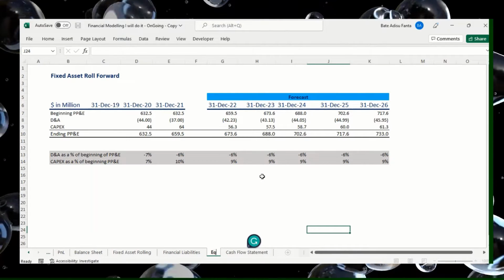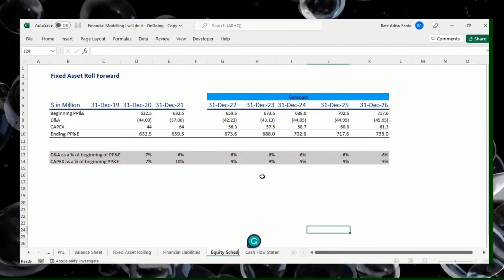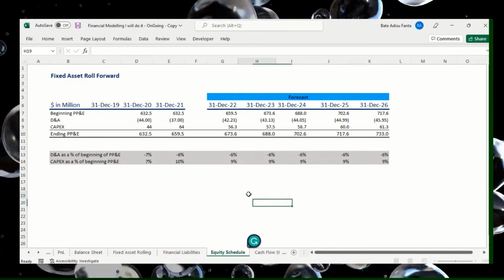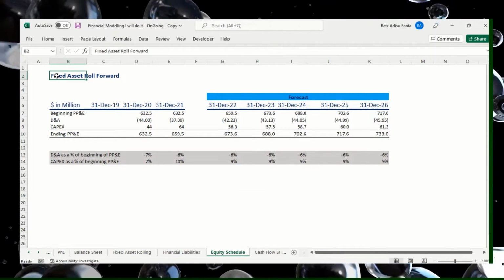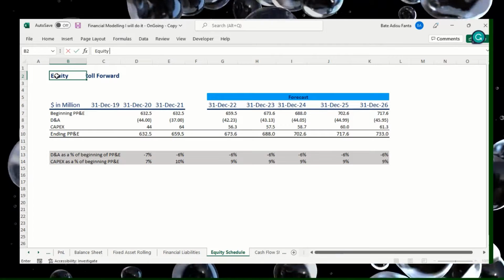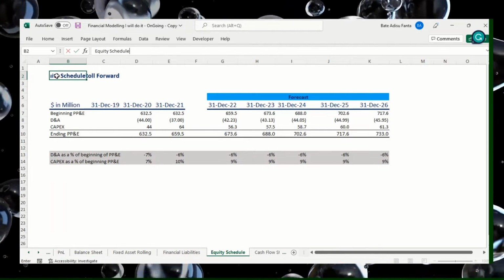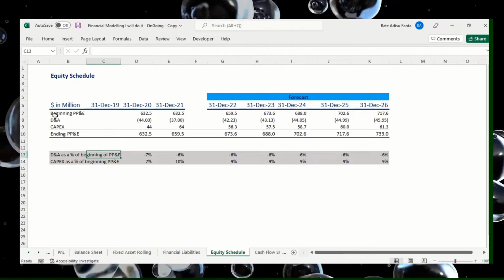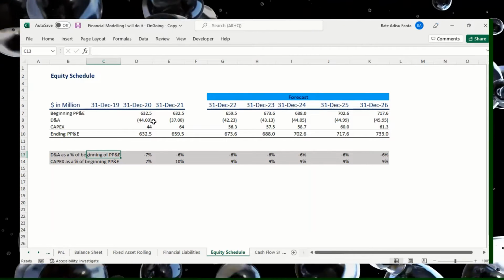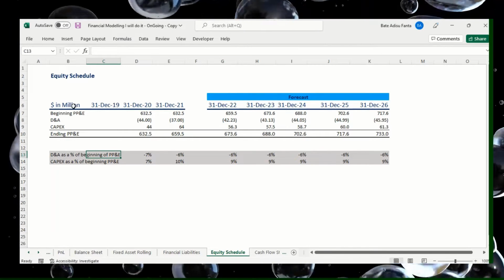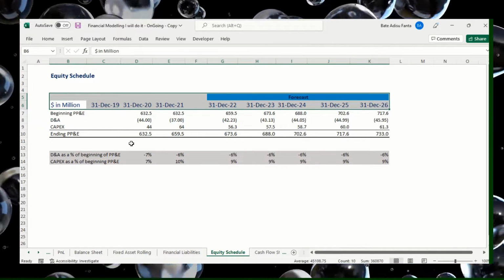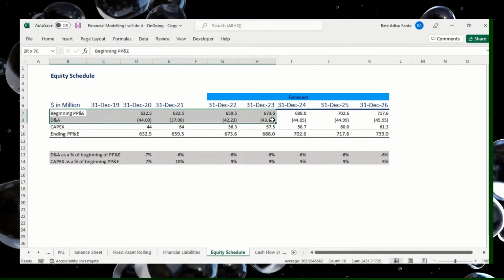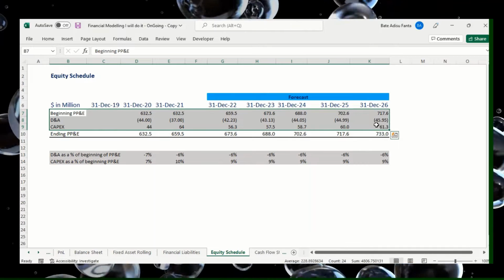This is equity schedule, and here also equity schedule. So I will be changing these items and figures here, but we will use this format for our analysis purpose. I will remove this.